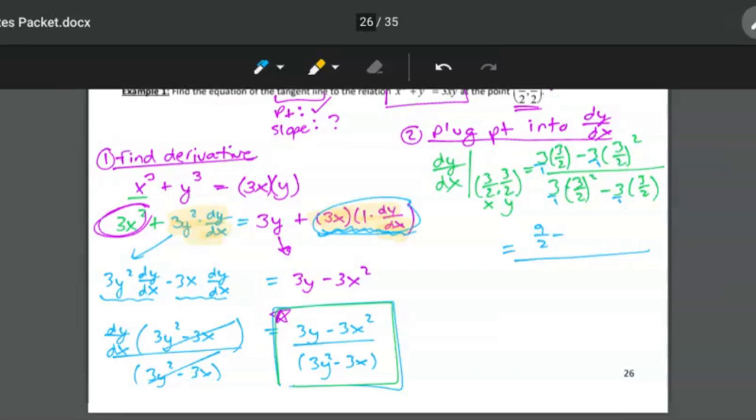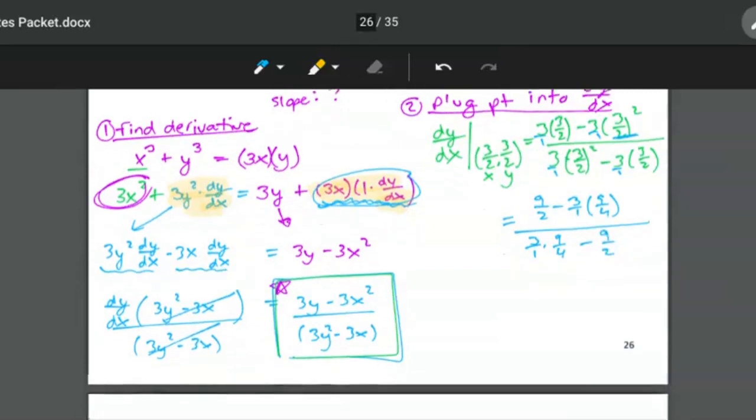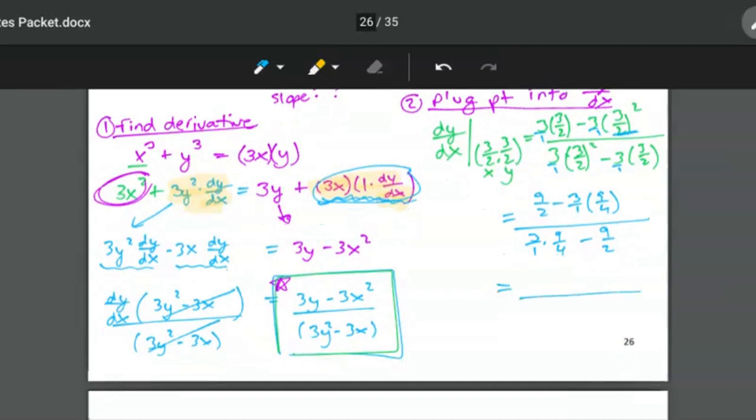On the bottom, we have 3 over 1 times 9/4 minus 9/2. So we've got 9/2 minus 27/4, all over 27/4 minus 9/2.